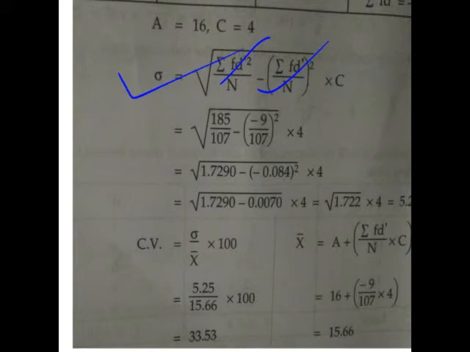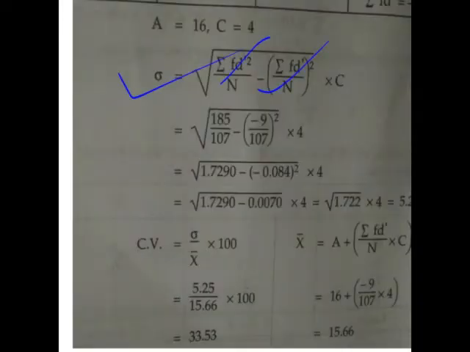So there are two formulas what we have seen. If only the single values are there, then this is the formula. This is sigma equal to square root of sum of x minus x bar square divided by n. So this is the one formula.